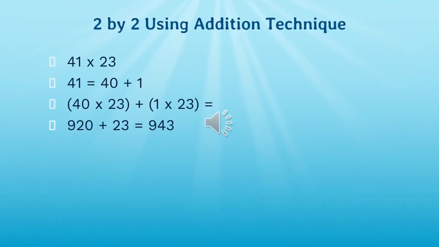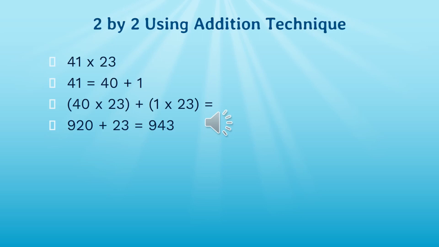Moving to a 2 by 2 multiplication number sentence using the same technique, multiplication by addition. Here I have an example. It's 41 times 23, and same thing, we break the larger number into its number bonds, 40 and 1, and proceed to the distribution.